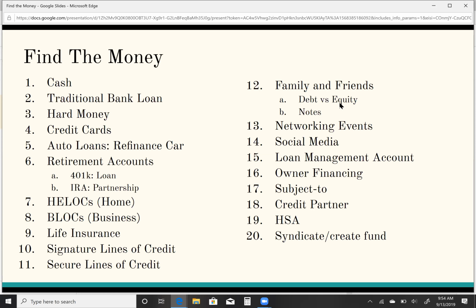Go in and meet new people, tell them what you do and ask them what they do. You can always ask them, hey, do you have access to money? Talk about it beforehand so that when you do have a deal, you know who to call. So that was network events.